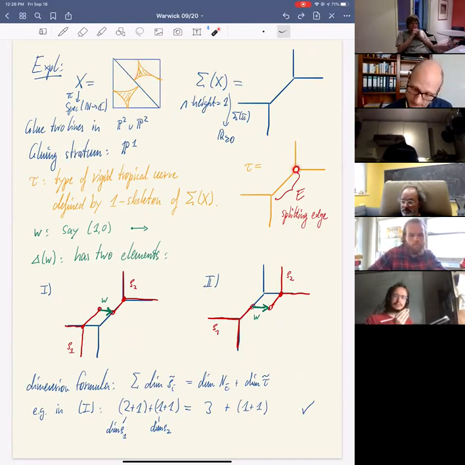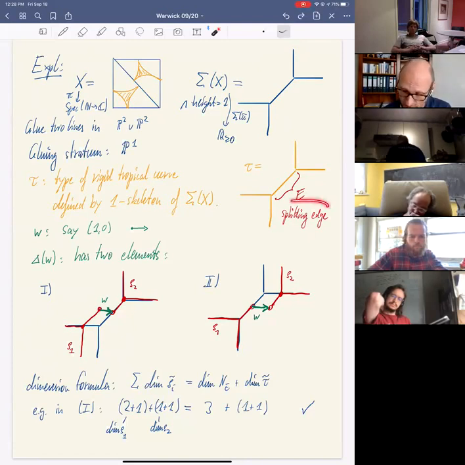So this maps to that vertex. Similarly over here. And then you have these tentacles telling you that we have first order intersections with the toric divisors. Okay, so the interesting stuff is the splitting edge, which in this case agrees with this edge in sigma x.